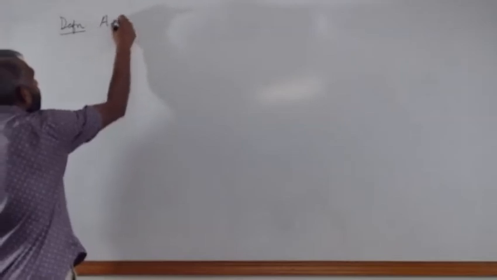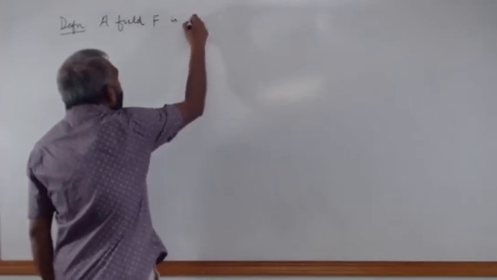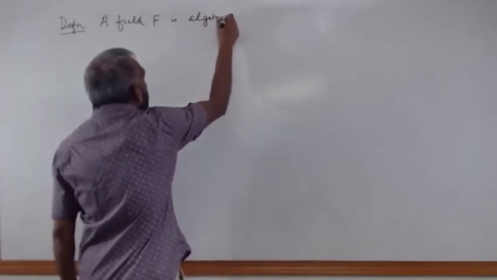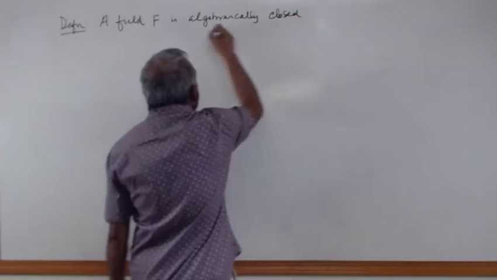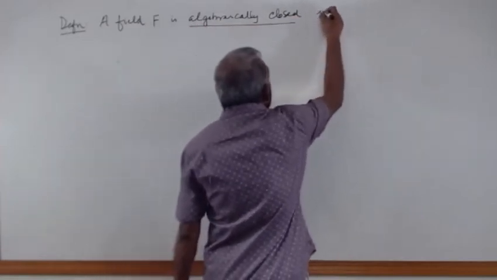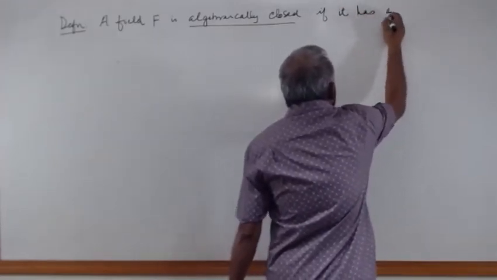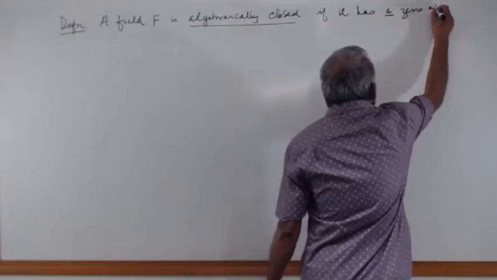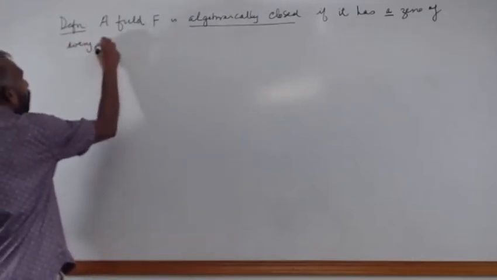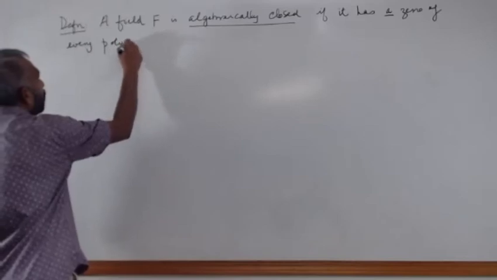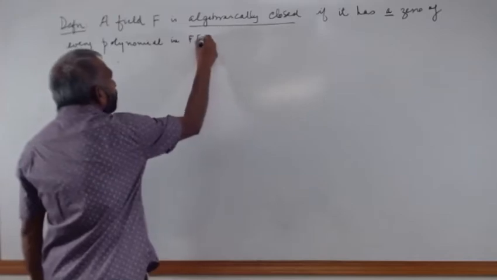A field F is algebraically closed if it has a zero of every polynomial in F of x.